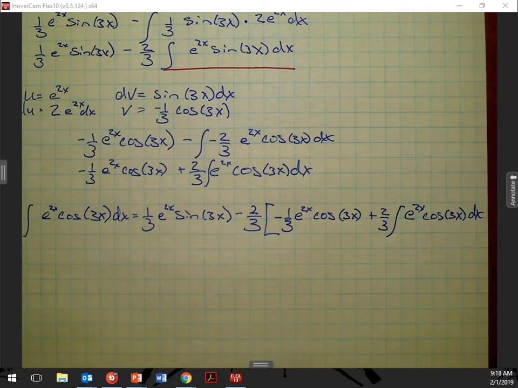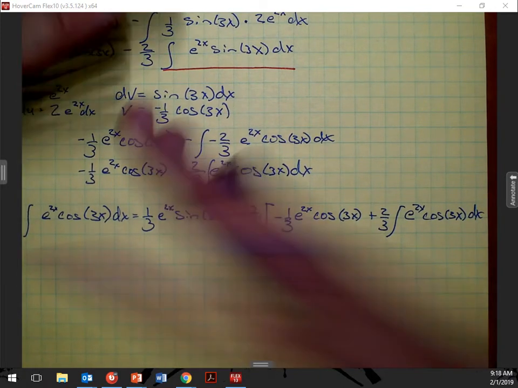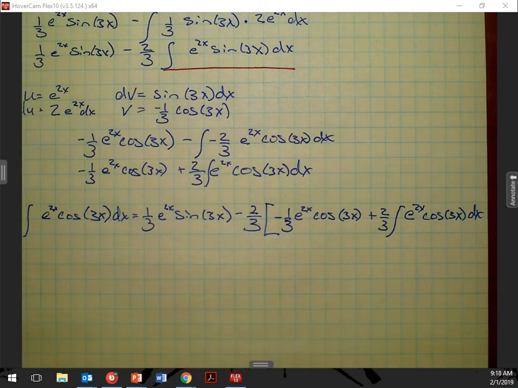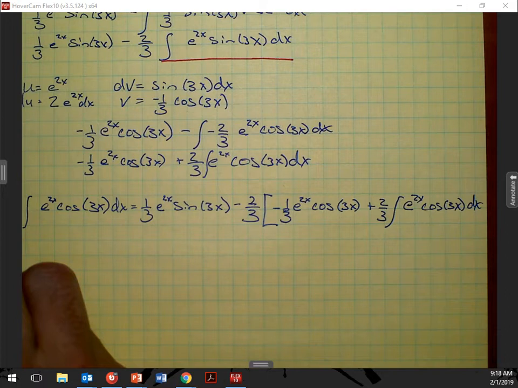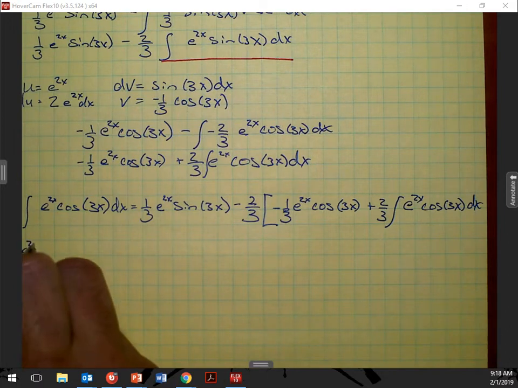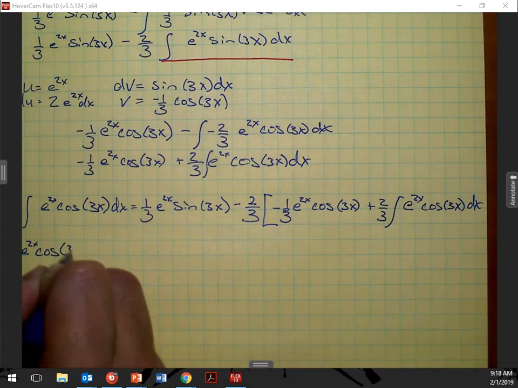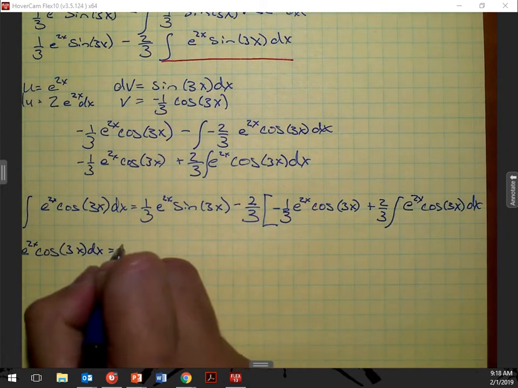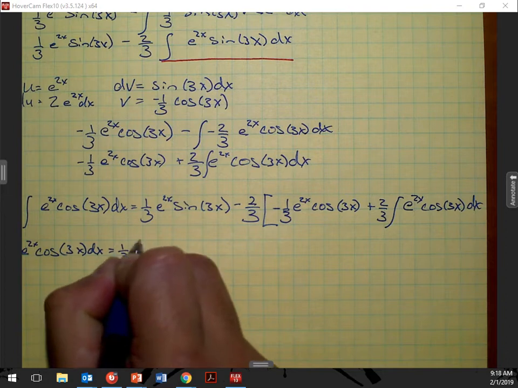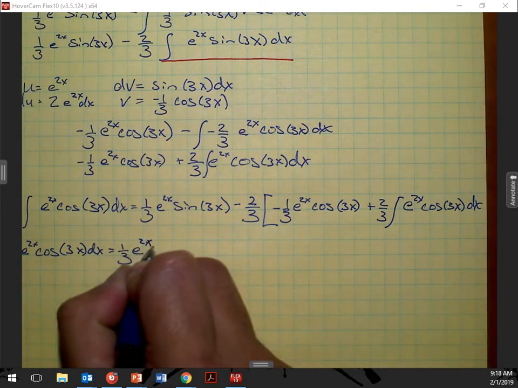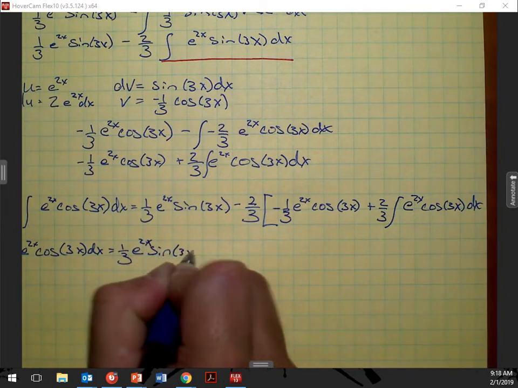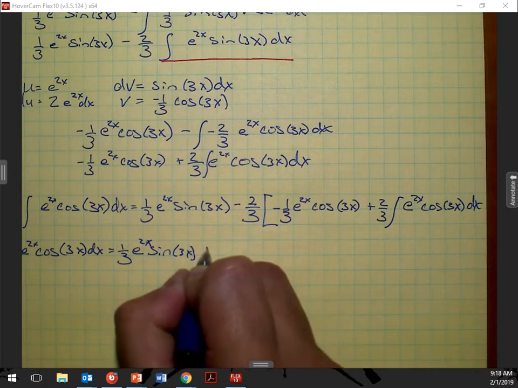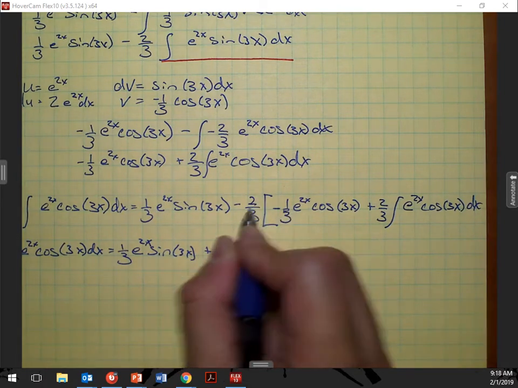Okay, so let's do the distribution. I'm going to have to distribute this one. So it's going to be, again, my integral e to the 2x cosine of 3x dx equals 1/3 e to the 2x sine of 3x. This is going to become a plus 2/9, right?